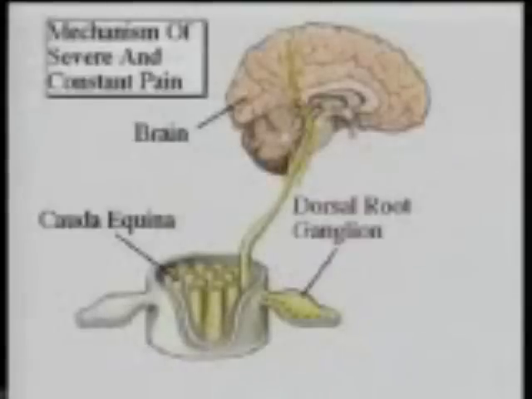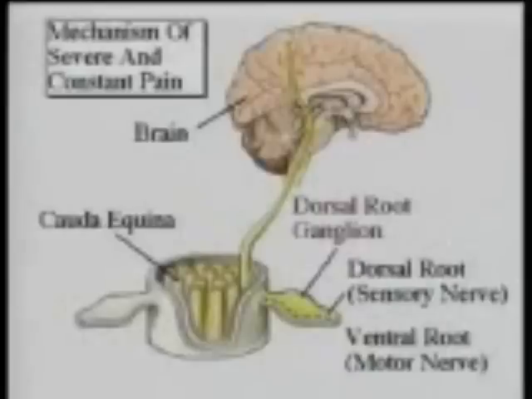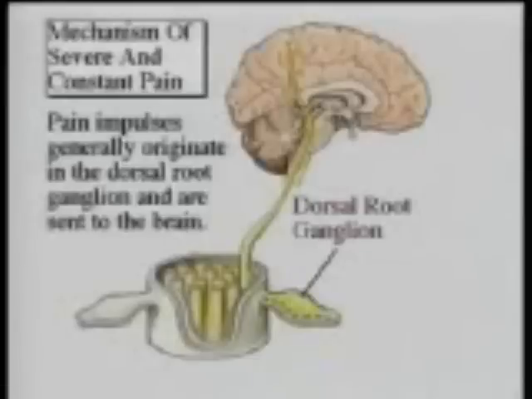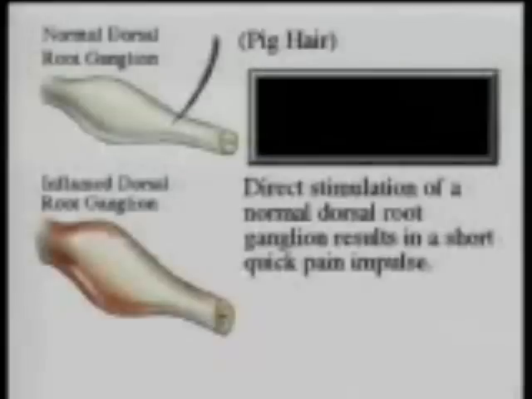Normally, pain impulses travel to the brain by way of the dorsal root ganglia of the spinal nerve. When a normal dorsal root ganglion is stimulated, it results in a short, quick pain impulse which is self-limited.